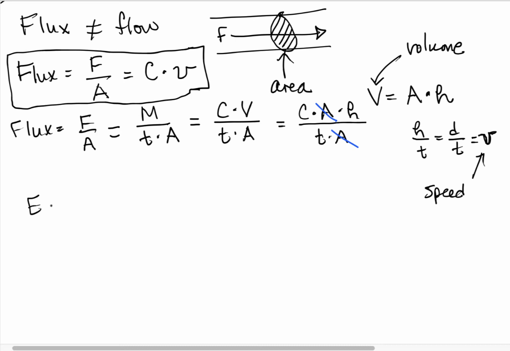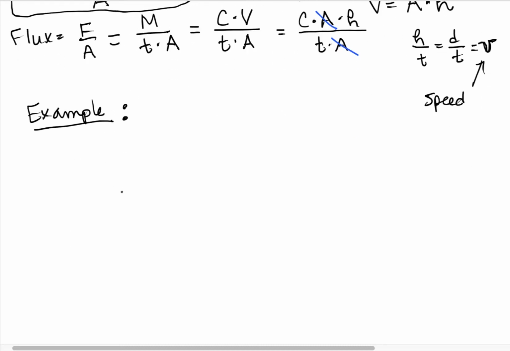So the best thing for us is to look at some examples again. If we think about how the flux can manifest, we're going to look at an example of some aerosolized lead over Lake Erie.